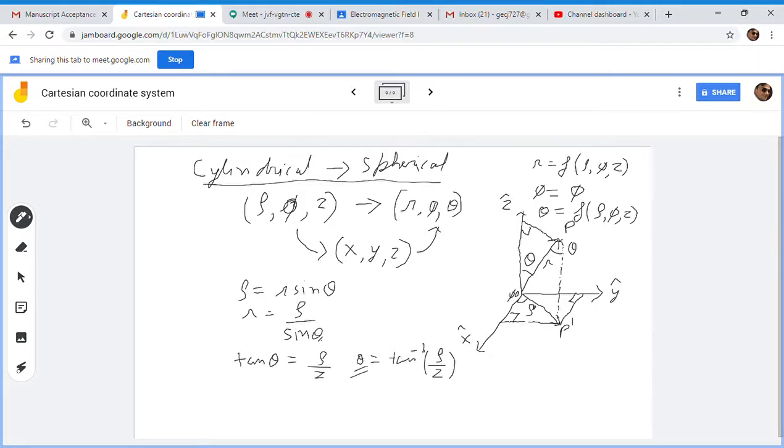Rho and z are cylindrical coordinate system coordinates. One more thing is left, which is phi. So phi is equal to phi, and convert this to here. So you will get r to be rho upon sine of tan inverse rho by z. Okay, simple.